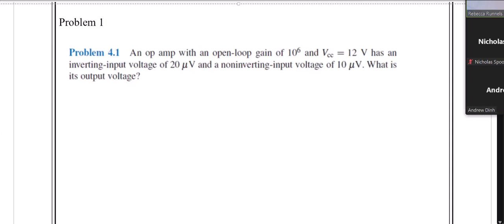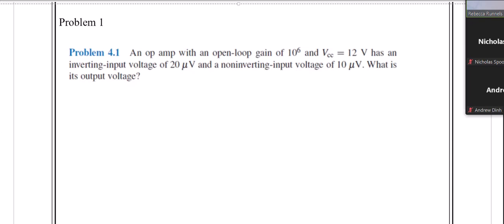Okay. So problem 1, and this is going to be just kind of a plug and chug now that you know the formulas. An op amp with an open loop gain of 1,000,000, remember we wanted it to be big, and VCC of 12, has an inverting input voltage of 20 microvolts and a non-inverting input voltage of 10 microvolts.